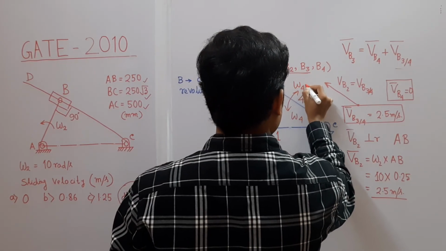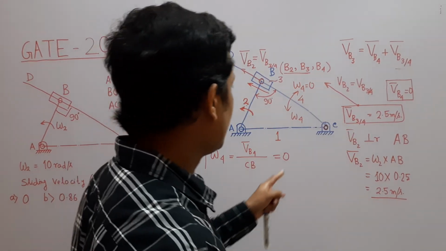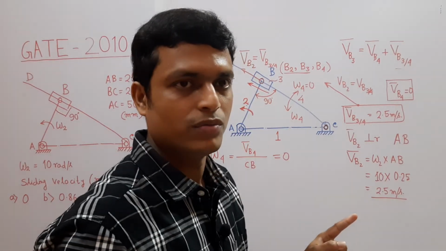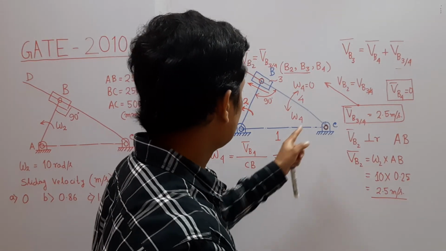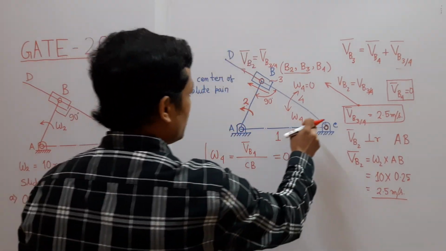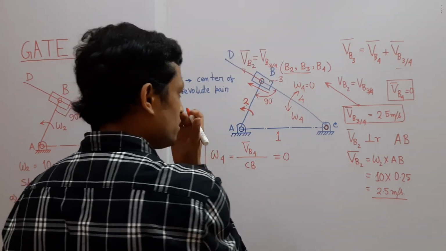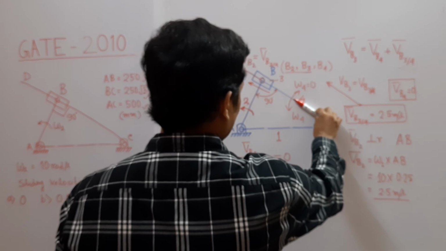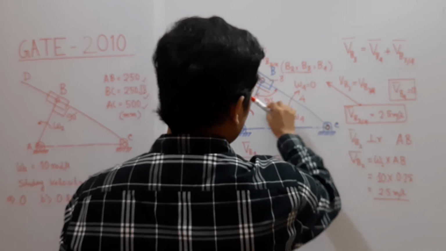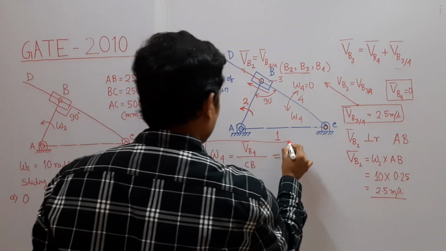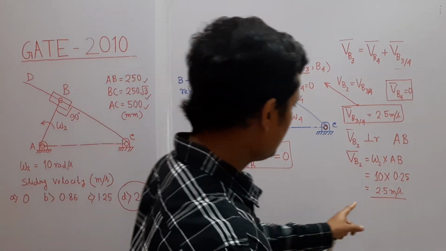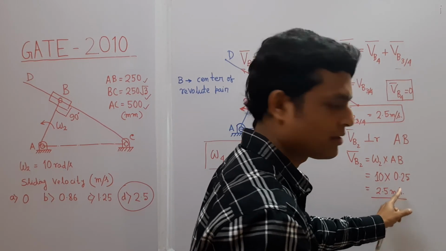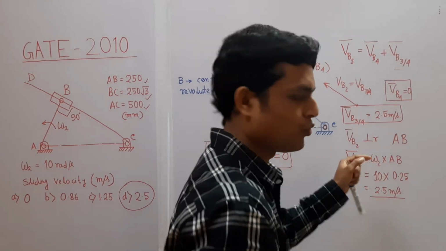That is, at this instant the angular velocity of the oscillating link CD is 0. And our answer is that the sliding velocity is 2.5 meter per second, which is equal to V2.